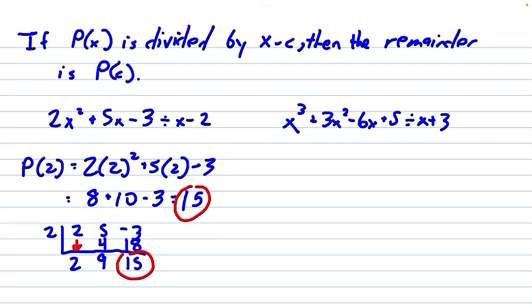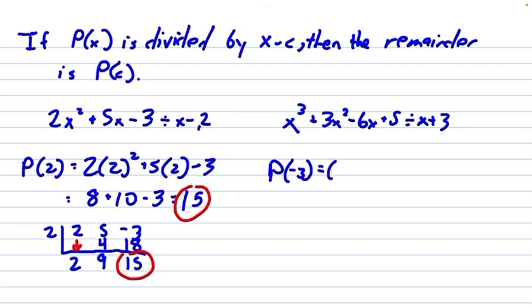So over here, on this next problem, we have x cubed plus 3x squared minus 6x plus 5 divided by x plus 3. So here, this is x plus 3. So we have to plug it back in, but of course we need to use negative 3. This is going to be p of negative 3.